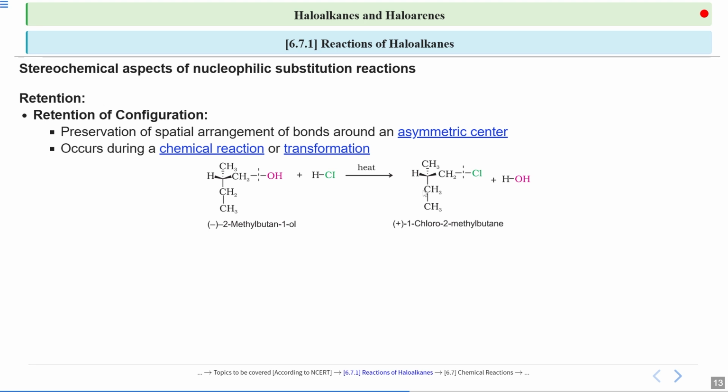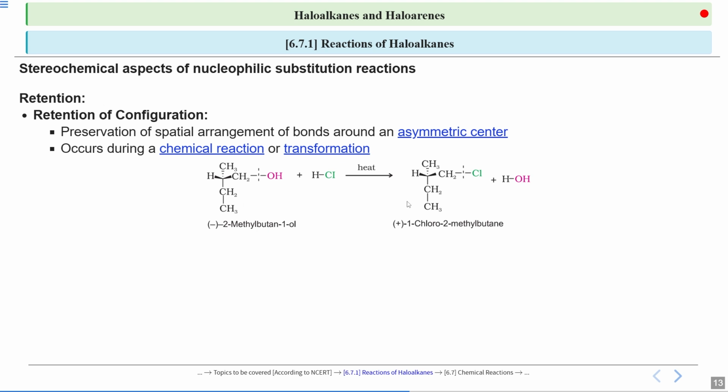Now, we call this second carbon the asymmetric center, the stereo center. The spatial arrangement of bonds around it is preserved. In the reactant, this asymmetric center has one CH3, one hydrogen, one CH2 with the hydroxyl, and then CH2, CH3.